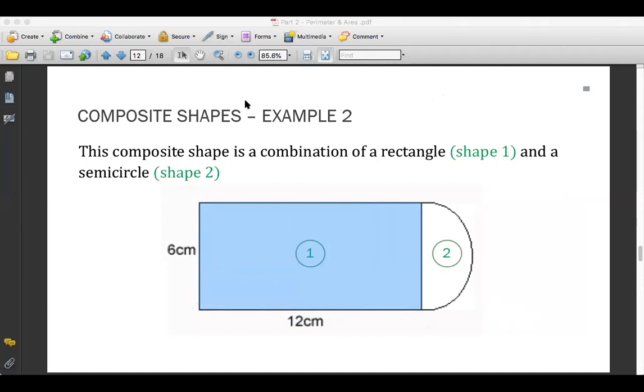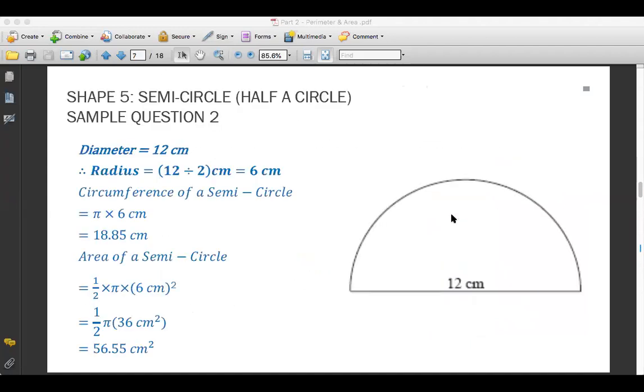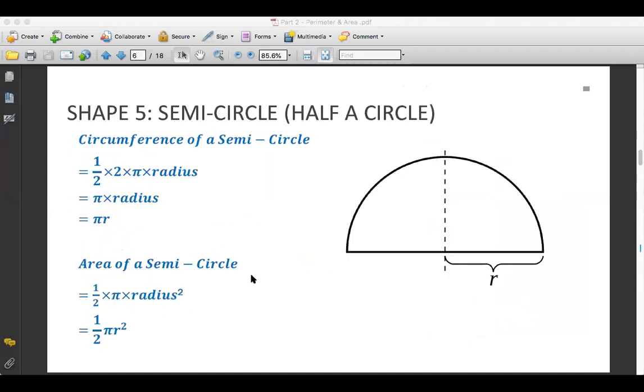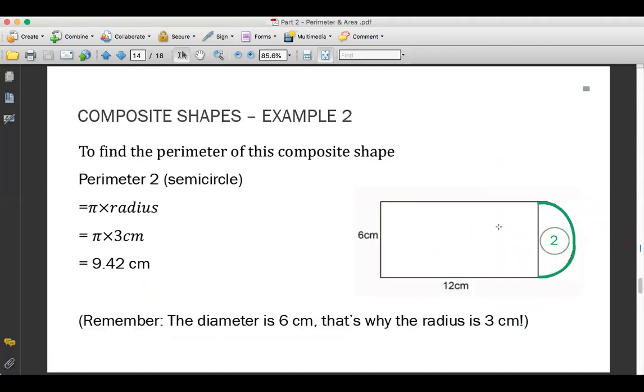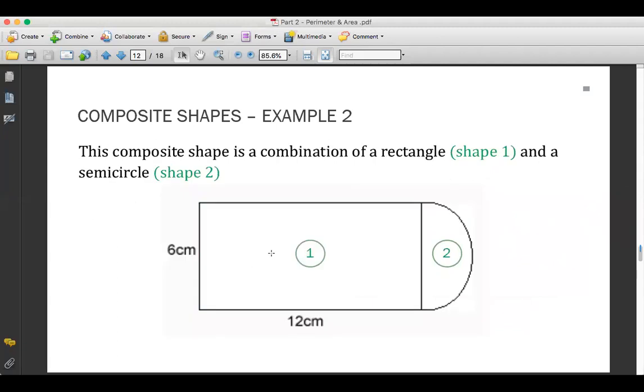But you must also find the area of the semicircle here. So how do you find the area of a semicircle? You must go back to the formula earlier. Area of a semicircle is half times pi times r squared. So again, you must know what the r is, and you already found that the radius is 3 cm.